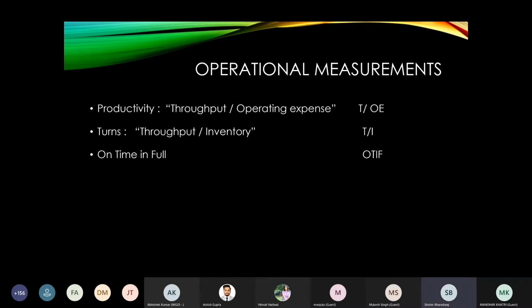And the third measurement is on time in full. On time can only be booked if you book throughput. So TOC suggests these three measurements. In the first two, inventory turns and productivity, you see all three measures are used: throughput divided by operating expense, and again throughput related to inventory.